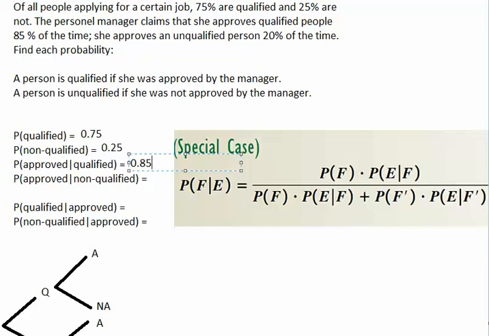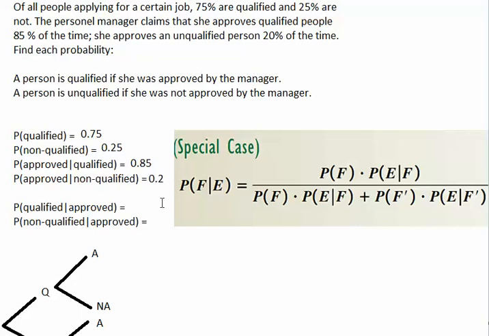So given that it is qualified, it is the conditional probability of the event approved given the event qualified. We also know that the probability of being approved given that the person is non-qualified is 0.2, so 20%. These are the four probabilities that we know.